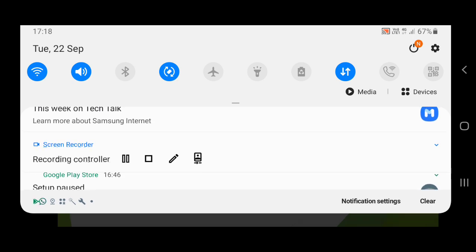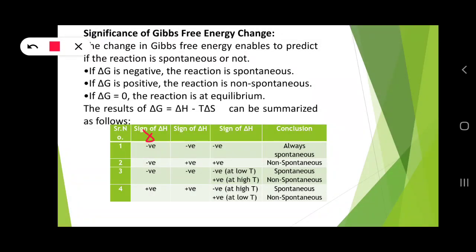In the first column there is delta G, in the second column there is delta H, in the third column there will be delta S.